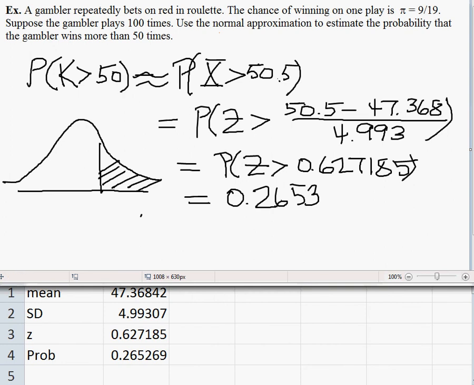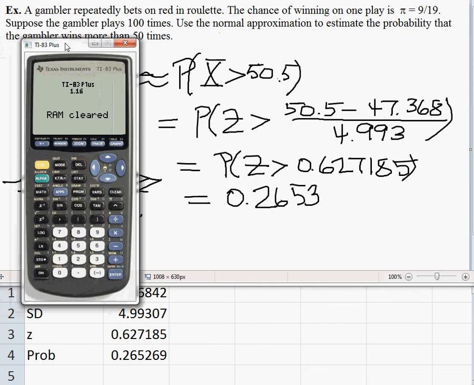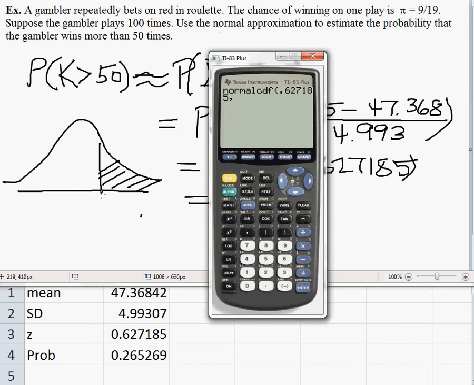Let me show you how to do the same calculation using a calculator. For the calculator, it would be 2nd, distribution, normalcdf, and then I have to put in a left endpoint and a right endpoint. So 0.627185 would be the left endpoint. For the right endpoint, I basically want to put infinity.